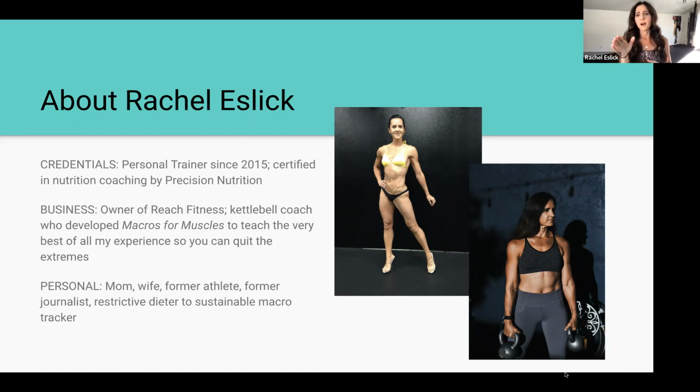The first picture is from 2014. I can't remember if I said that. The second picture is from 2020. So between the two pictures, about 6 years had passed. I had a child. I was not restrictive with my diet anymore, drank wine all the time, ate whatever, but just kind of had a pulse overall of how much I was eating and what I was eating, just trying to find a balance in all the things.